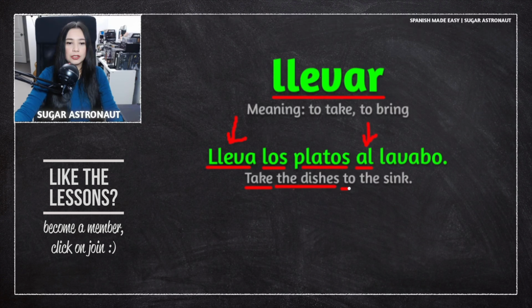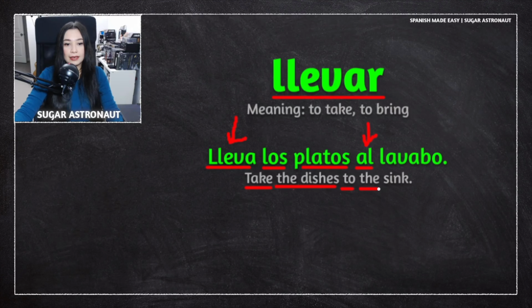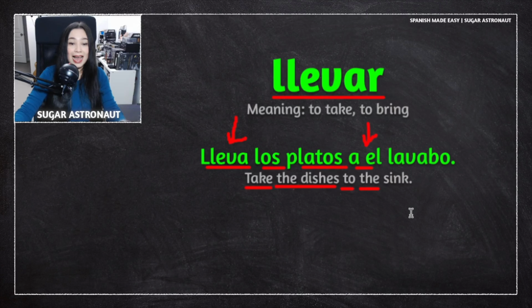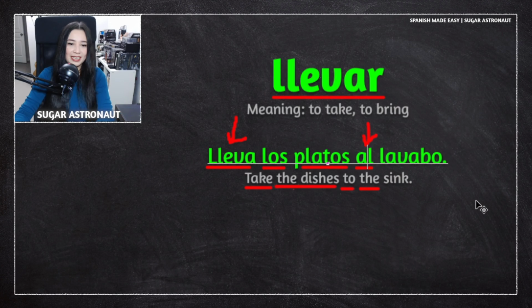So this means to the. A means to, el, the, but we need one word here. That's the grammatical rule. So al means to the lavabo.